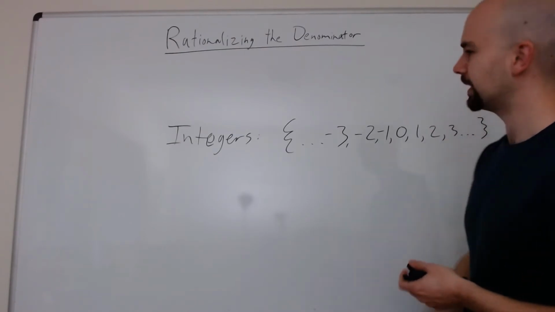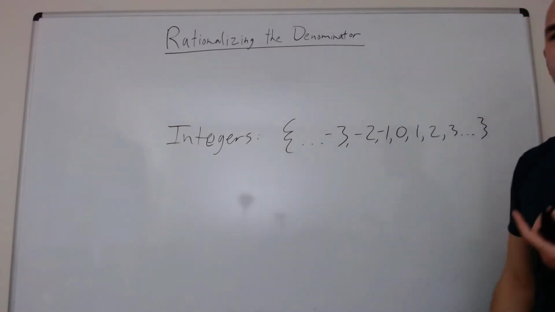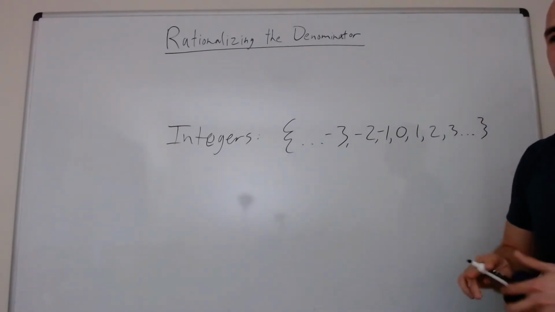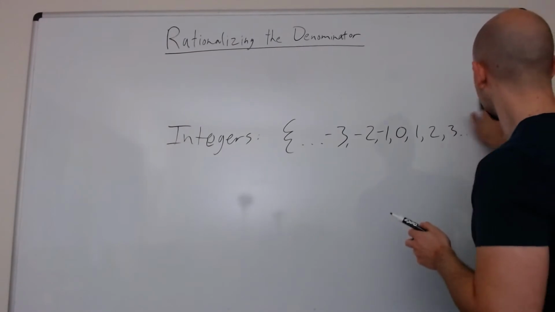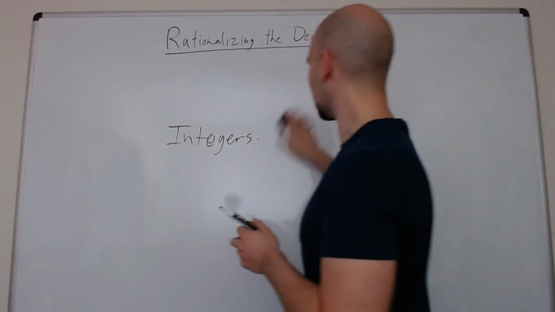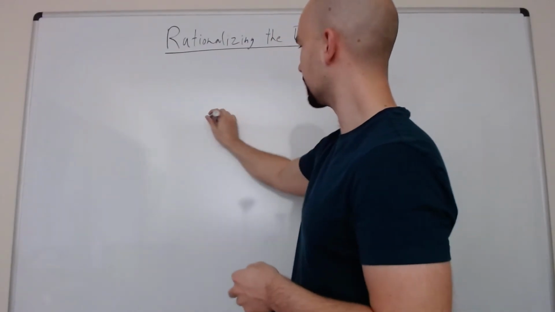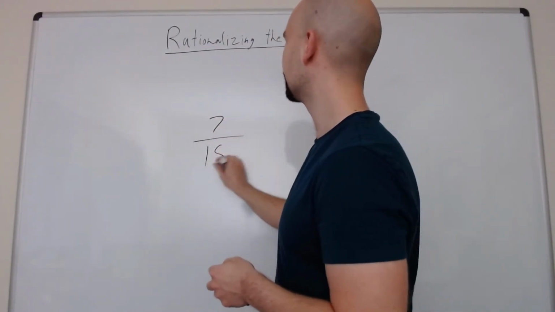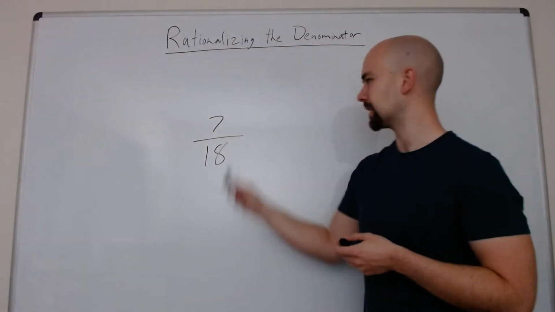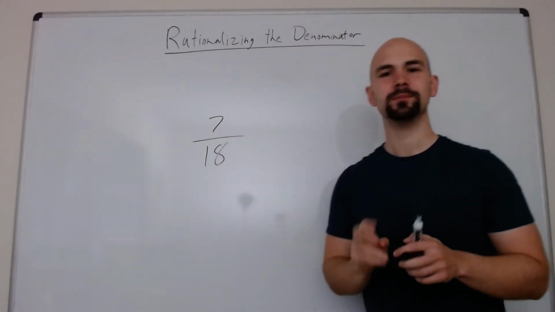So one simple way to define integers is whole numbers and their opposites. If I have a number like 7 over 18, that's a rational number because 7 is an integer, 18 is an integer.